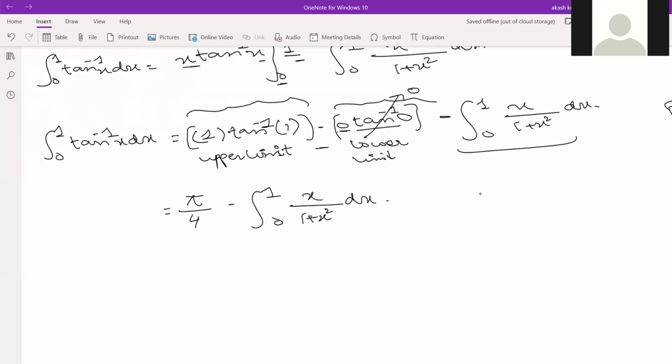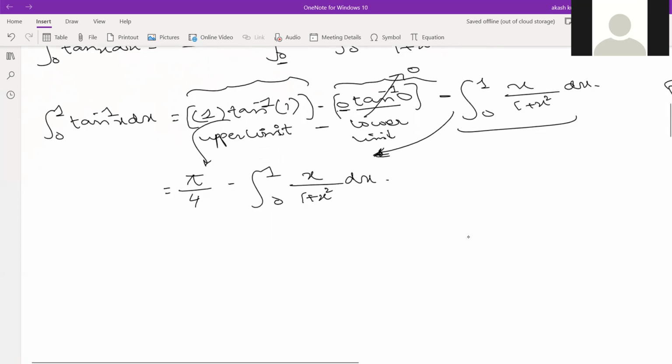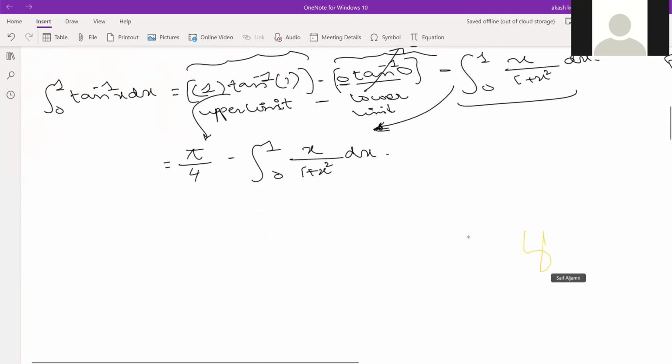So here we have got pi by 4, and this is where I have written the function as it is. Is it clear? Yes. Okay.